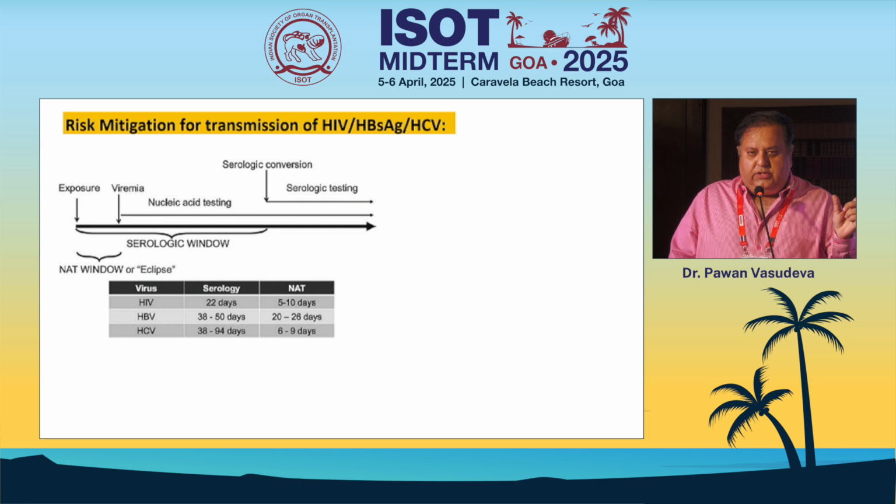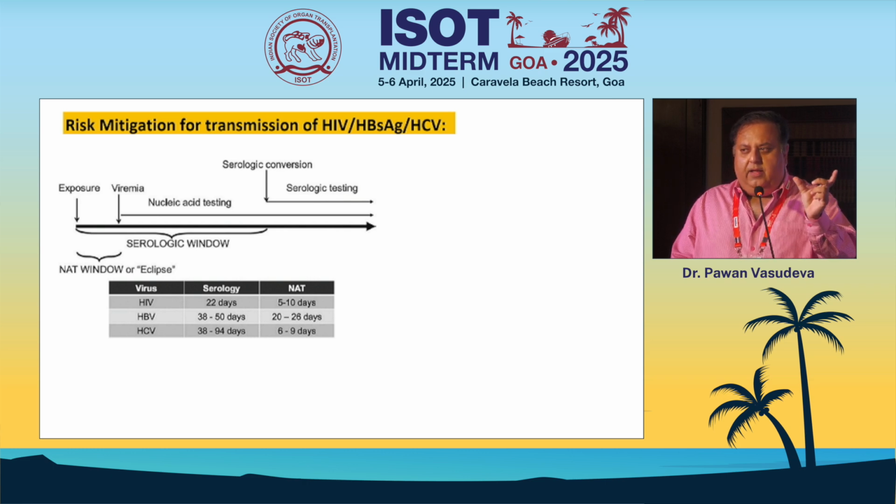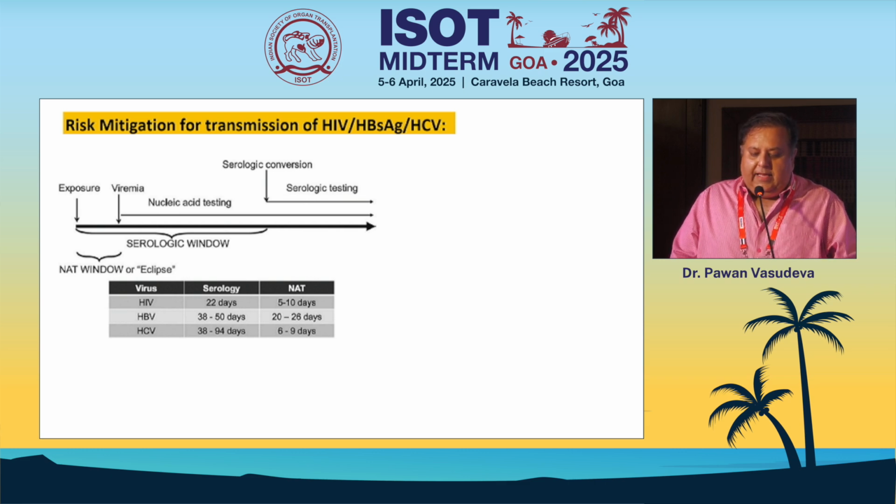So this concept of the NAT window, which means after exposure, how many days will it take for your antigen test to become positive versus how many days will it take for your serology test to be positive, should be known. And then your history should tell you whether your patient is a high-risk candidate or a low-risk.